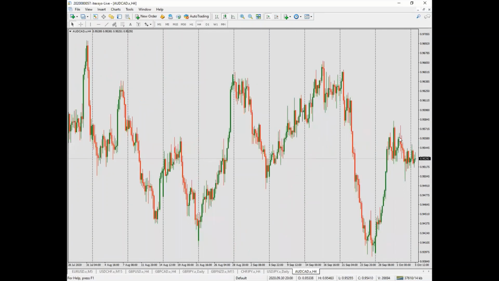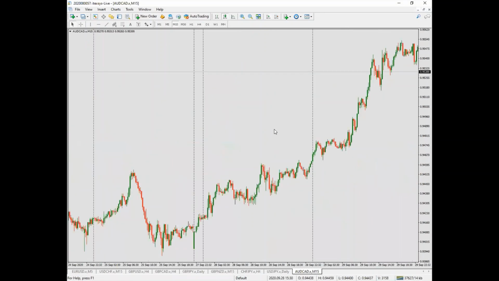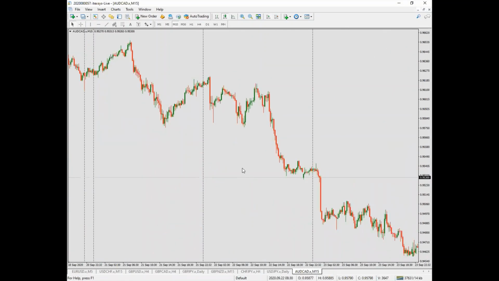So this is the 4-hour time frame. This supply, we can see the reaction already here. And if the price reaches that level again, I'm not sure that I will look for a sell position again. Maybe if we take a look at the 15-minute chart, we will find something more clear about this level.